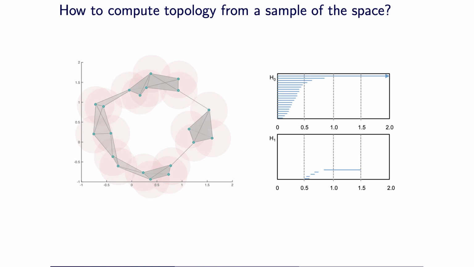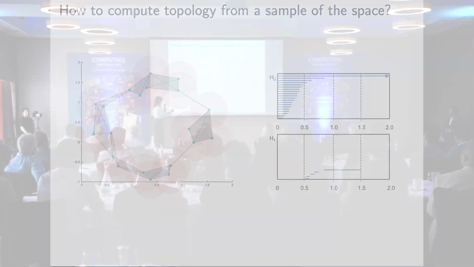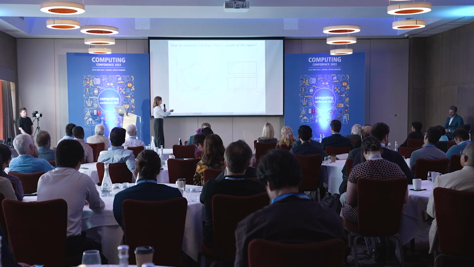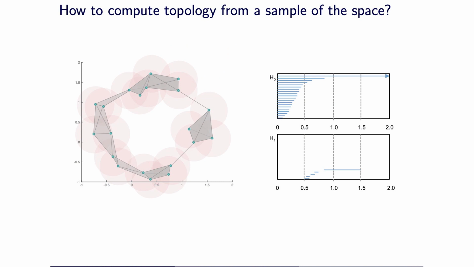So if we look along the x-axis, we get to a certain epsilon where the points will all link up, and we have this feature which looks at our topological invariant in different dimensions. And this feature here shows that there is a persistent loop in our data.